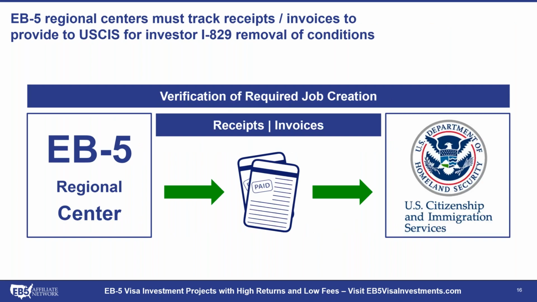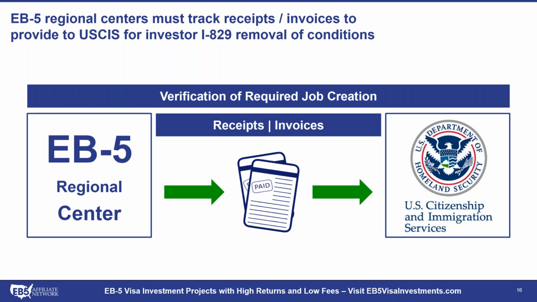Okay, so one thing I mentioned briefly earlier is that you're going to need to provide documentation showing that the job creation that you've initially projected actually occurred, right? So in the initial I-526 application to the government, you're basically explaining how the project is going to meet EB-5 rules and requirements and how each investor is going to get at least 10 jobs assigned to him or her.